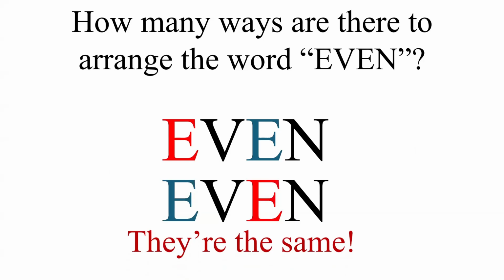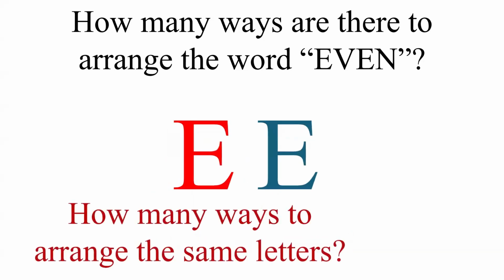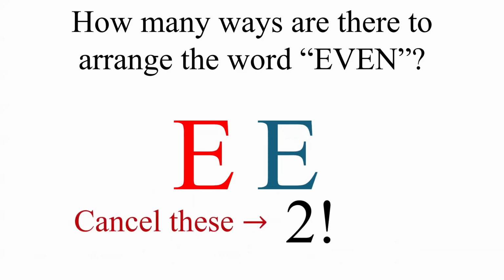By doing what? Well, by observing the repeating letters. How many ways are there to arrange them? Since there are 2 E's, then 2 factorial. So we have to cancel these. Now, how do we cancel these? You might be tempted to think, oh, just subtract them. Wrong, because subtraction and multiplication don't belong together. Think about it.